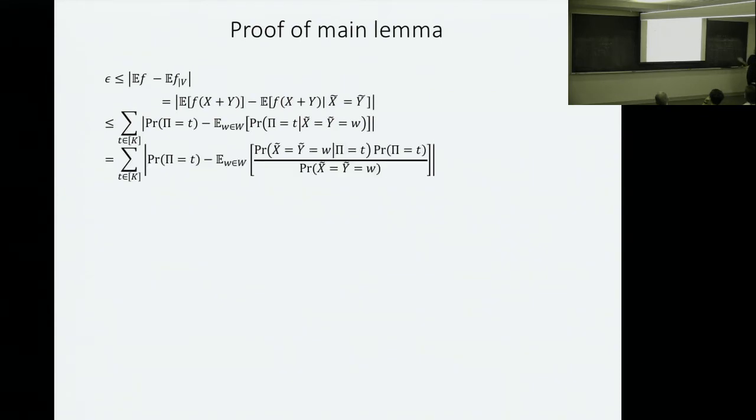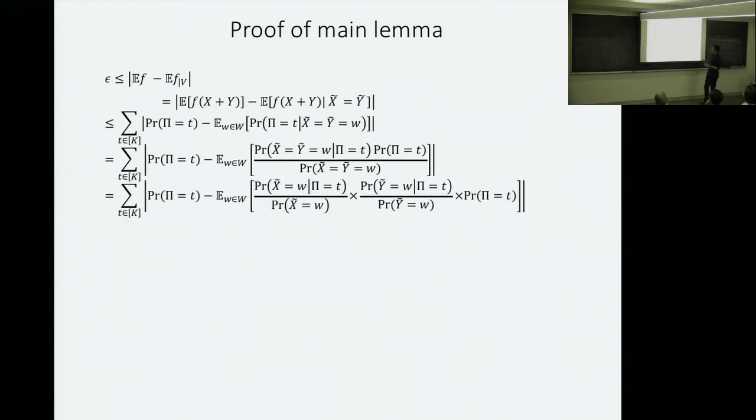Now let me rewrite this. What is this really? Just write this with Bayes' rule. So this is now x tilde equals y tilde, conditioned on pi being t, multiplied by this. And now this is the crucial point: since we really had a partitioning into rectangles, this means that these random variables x tilde and y tilde, even when you condition on fixing pi, are still independent.